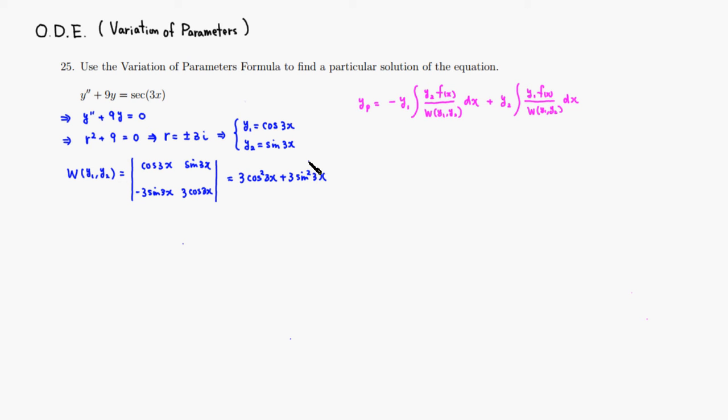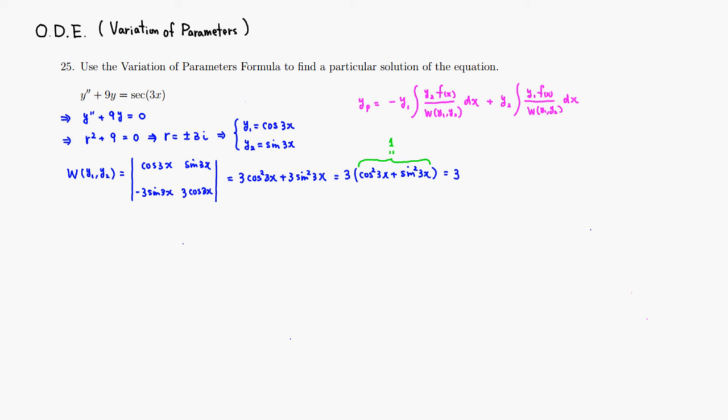If you pull out 3, you see cosine squared of 3x plus sine squared of 3x. Using the trig identity, cosine squared plus sine squared is equal to 1. Therefore, this is just going to be 3.